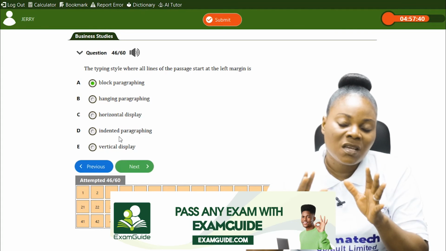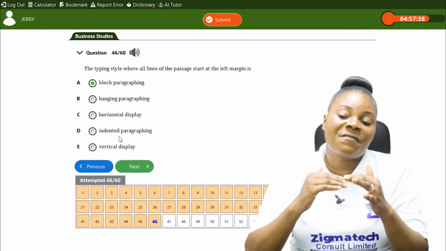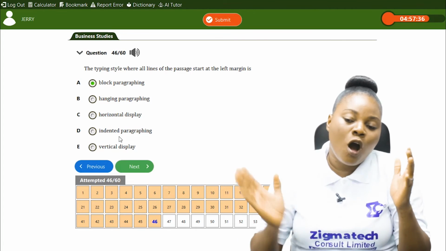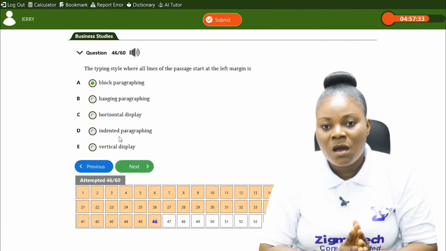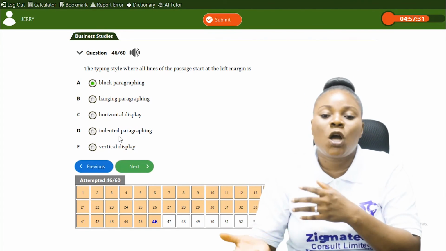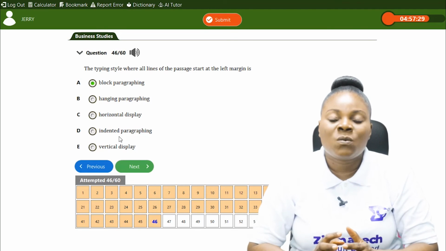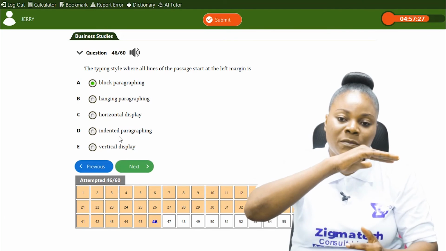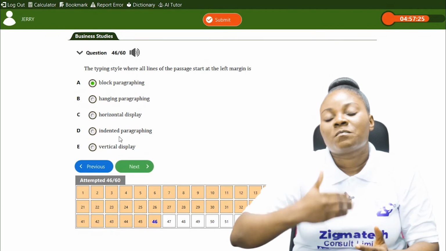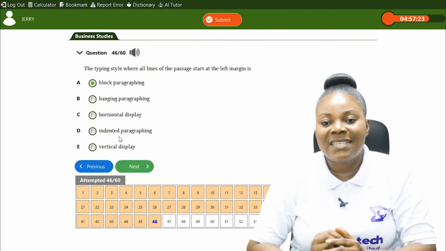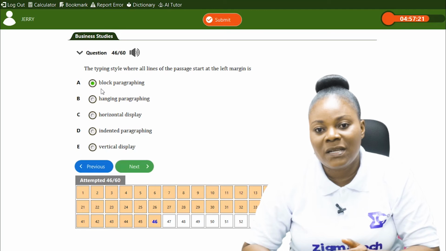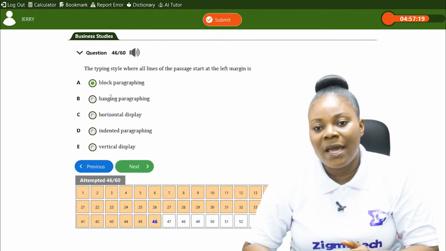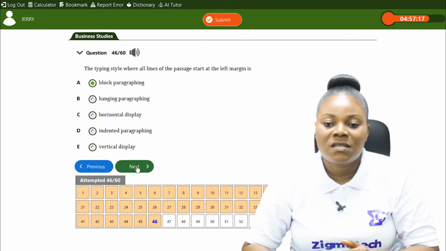There's a little space before you start typing on the first line. Then all the other lines are blocked. While the hanging paragraph is the opposite of indented. That's where you have your first line as blocked, then other lines follow as indented. So the appropriate answer here is option A, block paragraphing style.